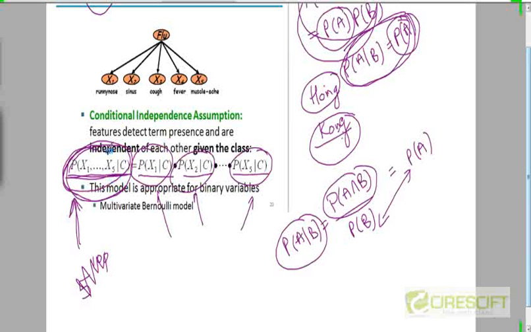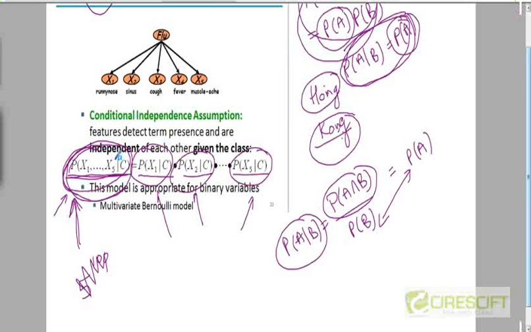Which is why this is harder to compute, because in order to accurately estimate these probabilities directly, you have to use a huge number of training examples for the class C. The number of different probabilities that you'll have to compute will also be very large. That's the second problem.